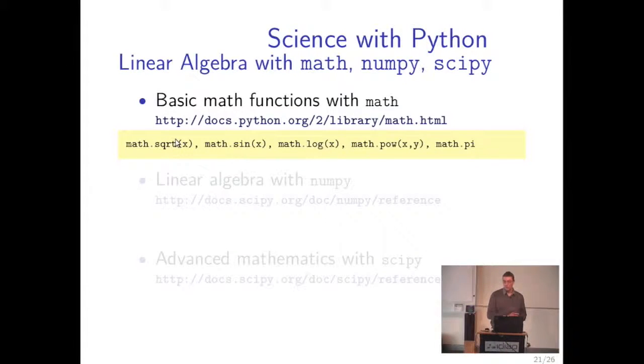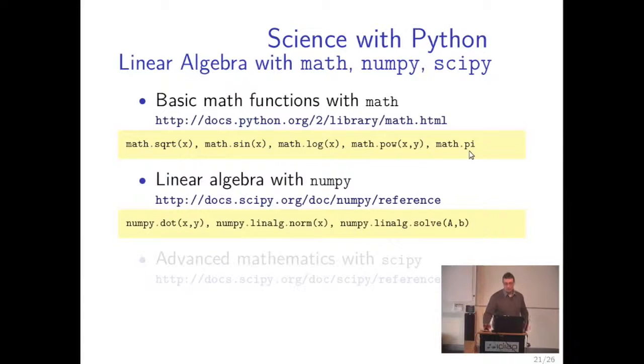There is the built-in module math, which defines basic functions like the square root, the sine function, the logarithm, the power function, and pi. You can do simple linear algebra with the NumPy module. This defines, for example, a dot function, which is an inner product between two vectors, a norm function, and which you can use to solve systems of linear equations.